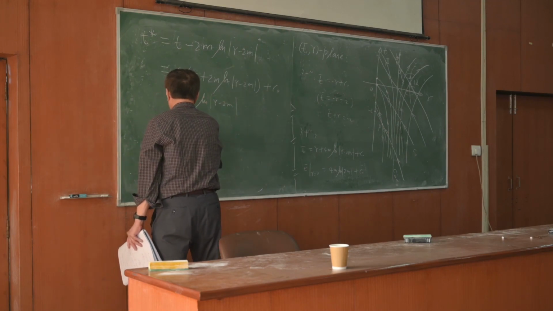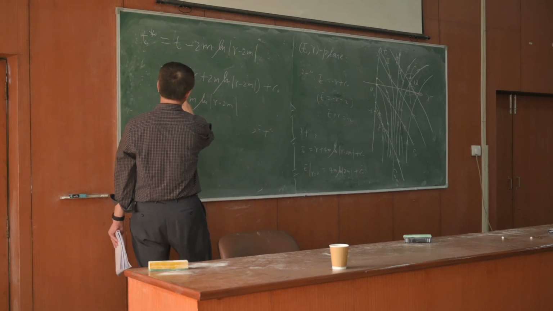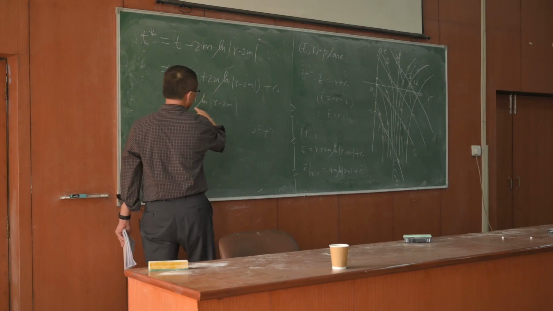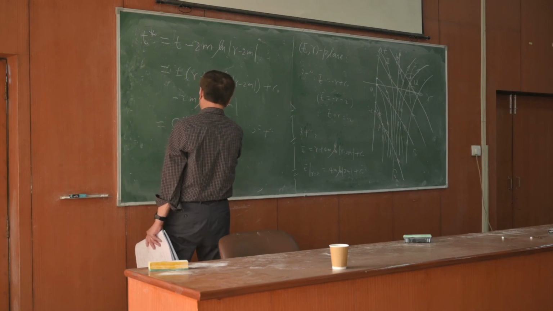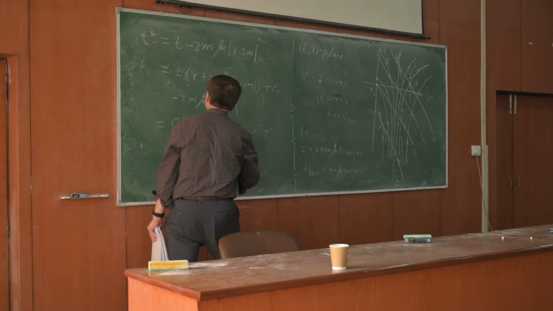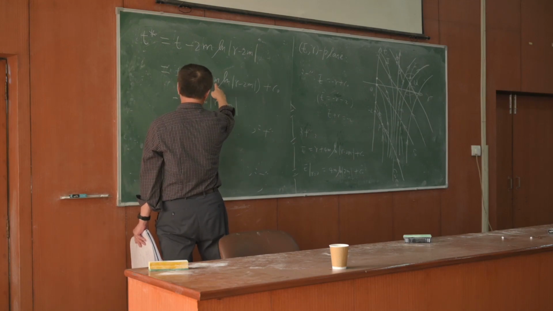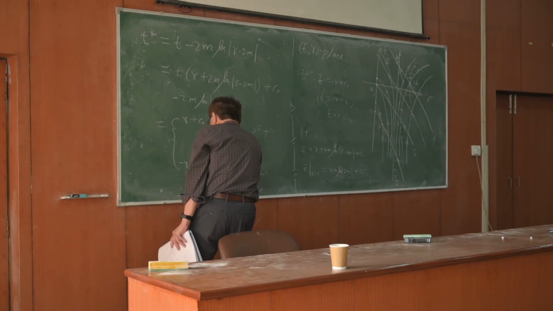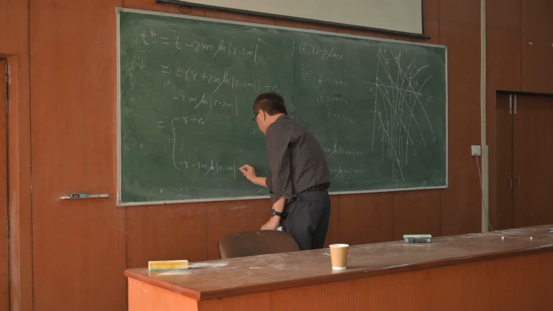So now you can see, if we choose the plus sign, this guy cancels with this one, right? So I have r plus c0. But if I consider the minus sign, this is minus r, and minus 2m log r minus 2m, I get minus 4m log r minus 2m plus c0.